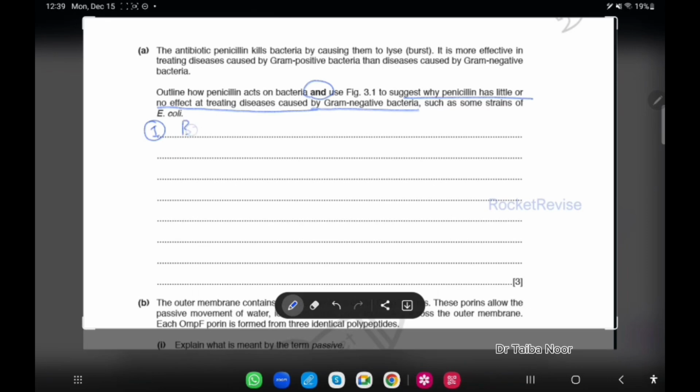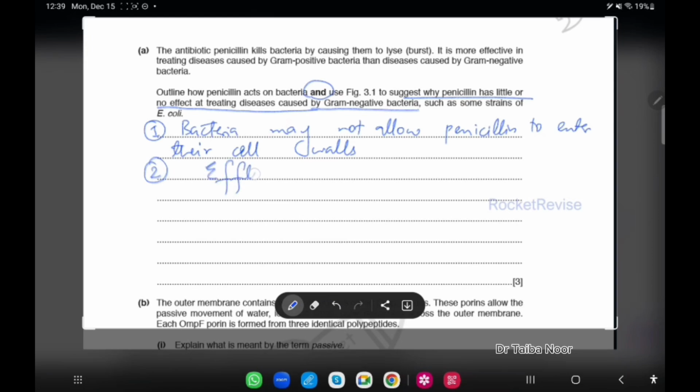Bacteria may not allow penicillin to enter their cell walls; they inhibit the entry of penicillin. Then there can be efflux pumps in the walls of bacteria that pump the antibiotic out.